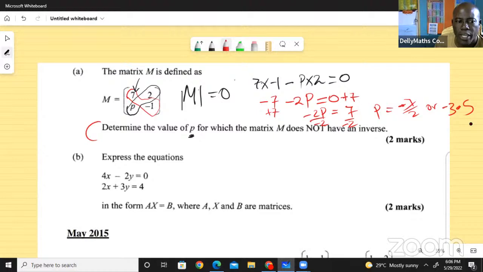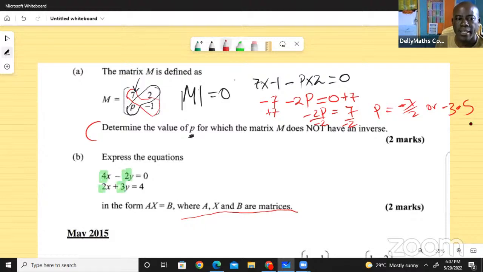Express the equations 4x minus 2y equals 0, 2x plus 3y equals 4 in the form AX equals B, where A, X and B are matrices. Now what we're going to do is isolate the coefficients of the x and the y.